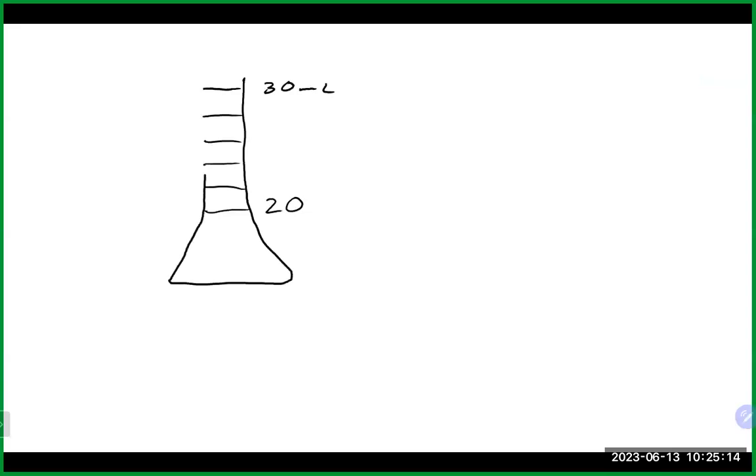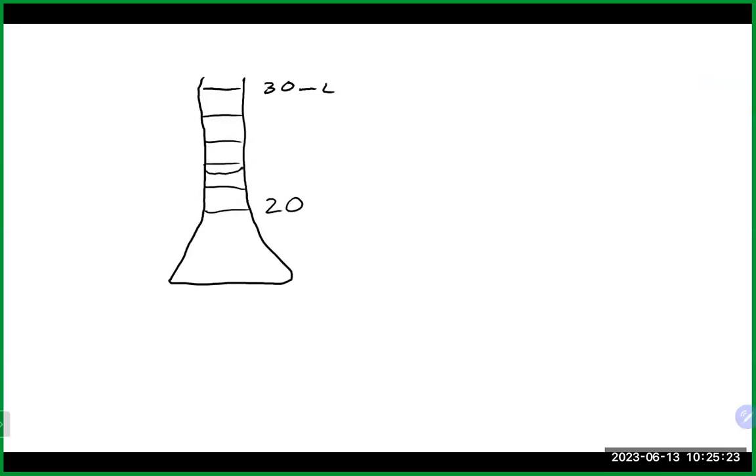So for example, if we had a graduated cylinder, sort of like this.